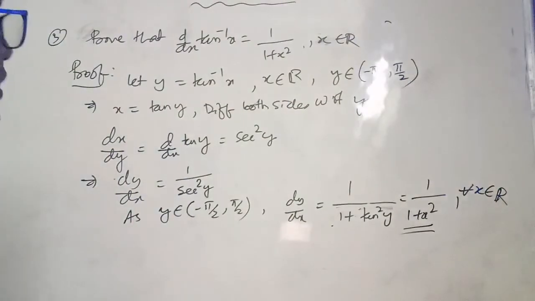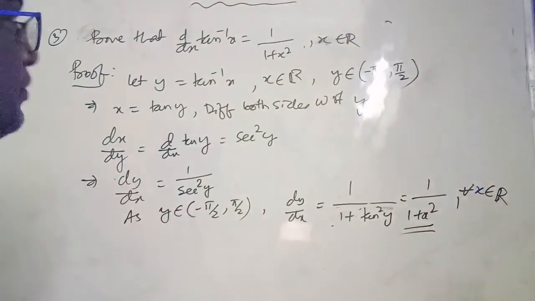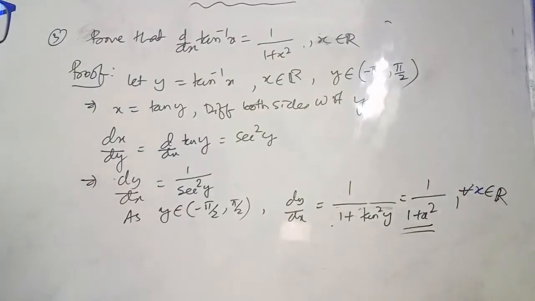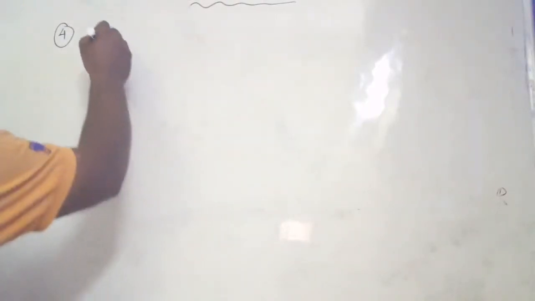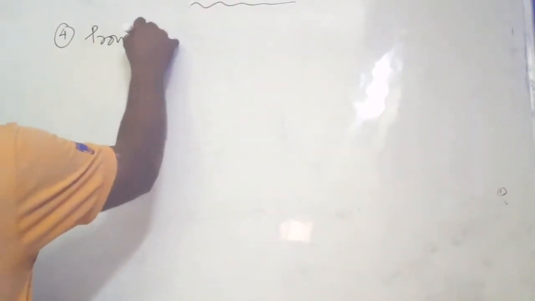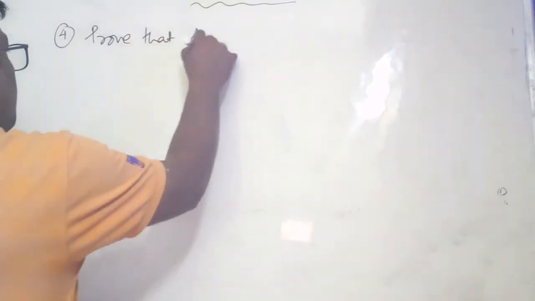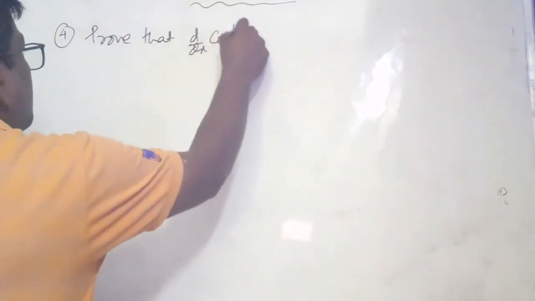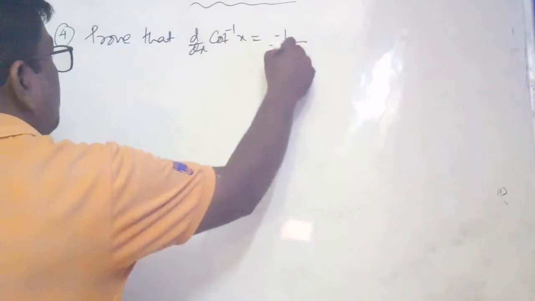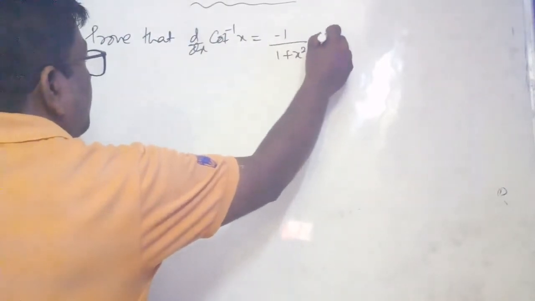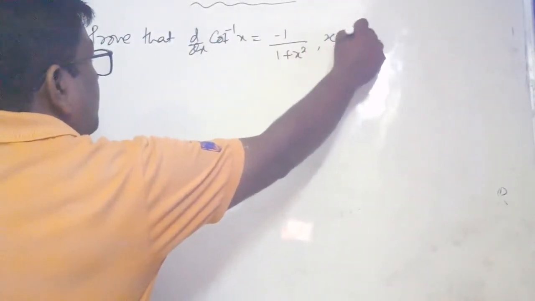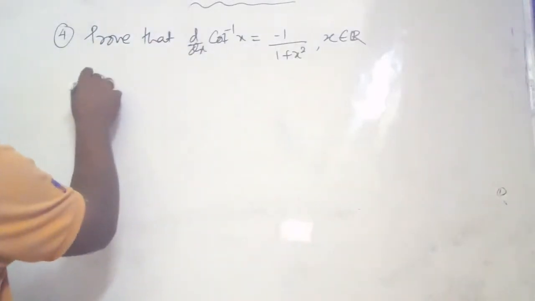Okay. Then proof of derivative of cot inverse x. Prove that d by dx of cot inverse x is equal to minus 1 by 1 plus x square for x belongs to any real number. Proof.